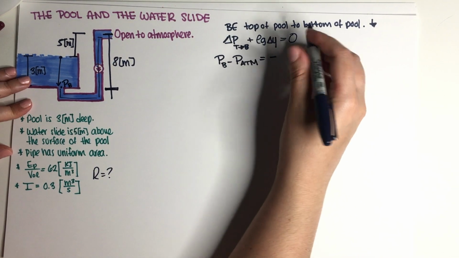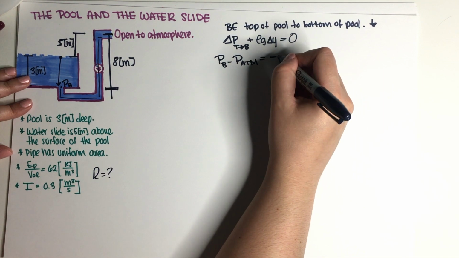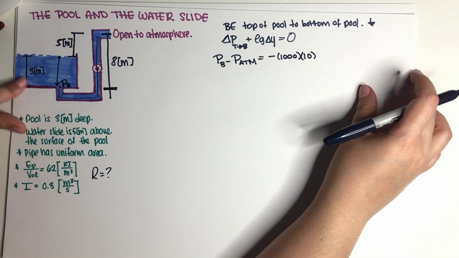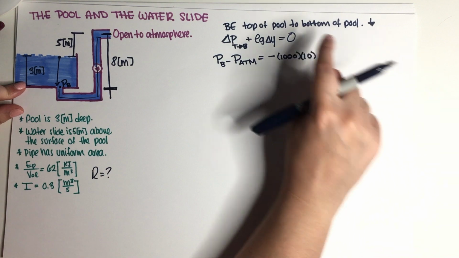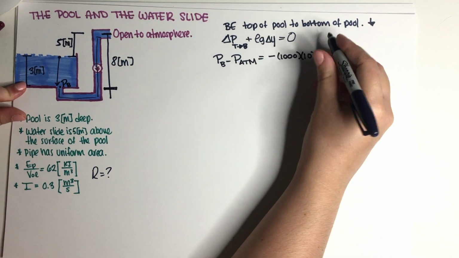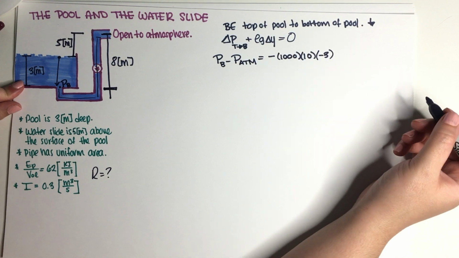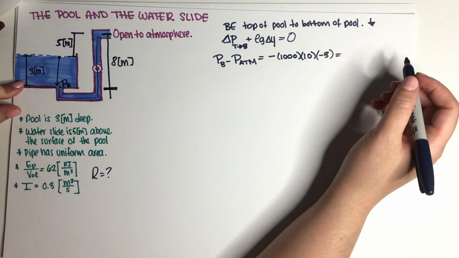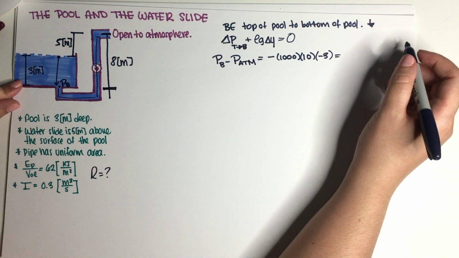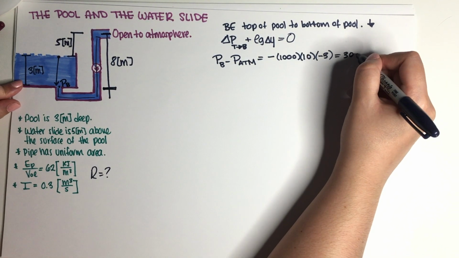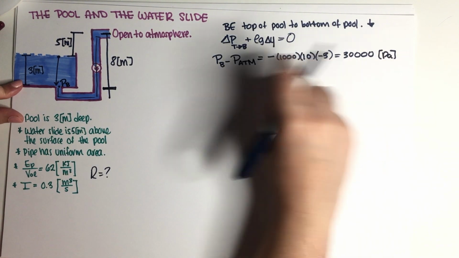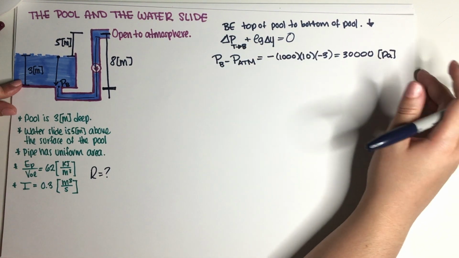And this is equal to negative, this is water, so 1000, g is equal to 10. And this change in height is 3 meters, except that I decided to go from the top to the bottom, so this is actually negative 3 meters, just because of the way in which I set up my equation. So this is positive 30,000 pascals. So P_B minus atmospheric pressure is 30,000.